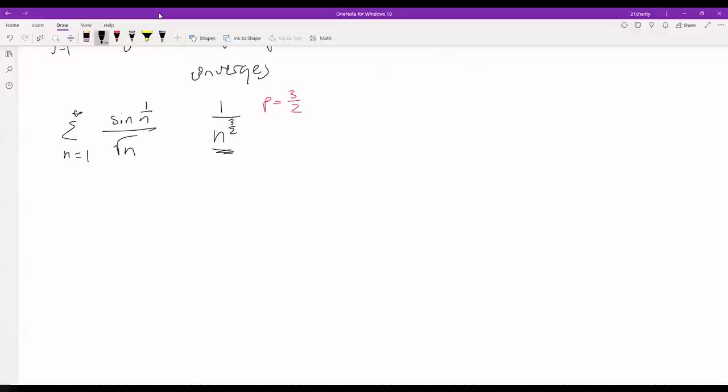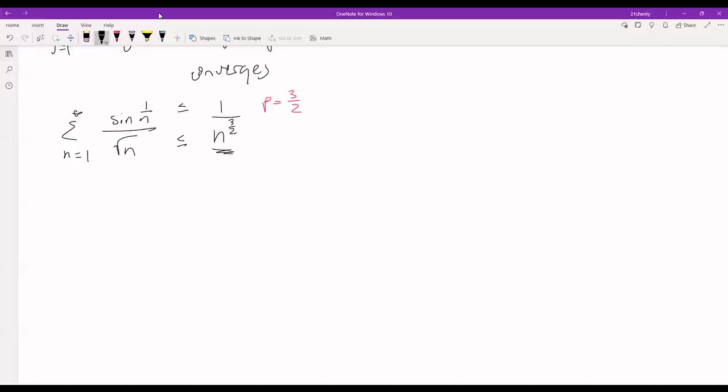But sine of 1 over n, we know that's going to be less than or equal to 1, right? So just looking at the tops, sine of 1 over n is less than or equal to 1. But looking at the bottom, the square root of n is also less than, or I guess equal to when n equals 1, n to the 3/2.